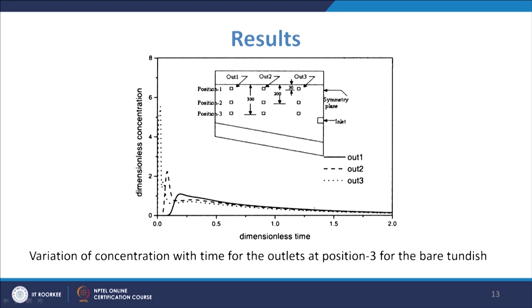You see how much, because 1 minus the actual mean residence time divided by the theoretical mean residence time will give you the dead volume region, which should be minimum.